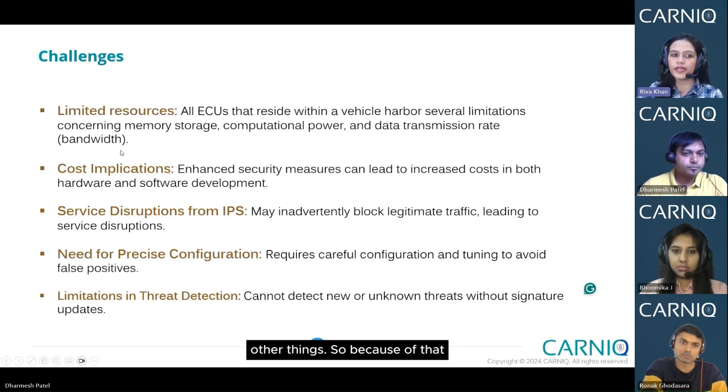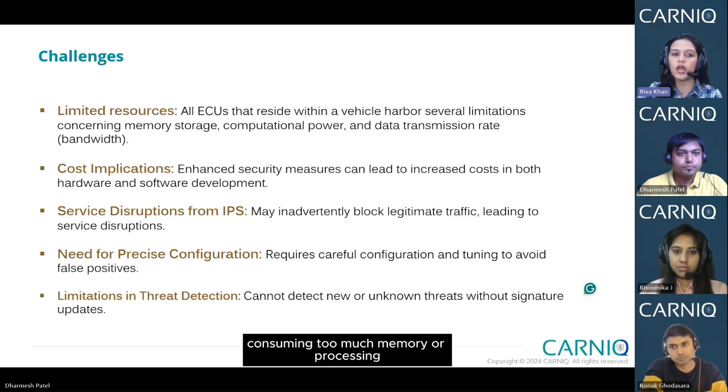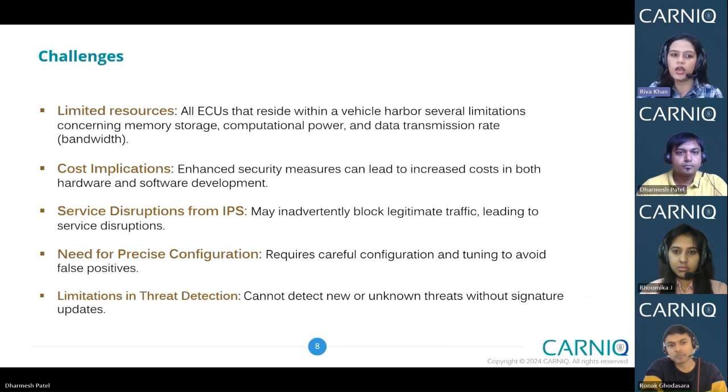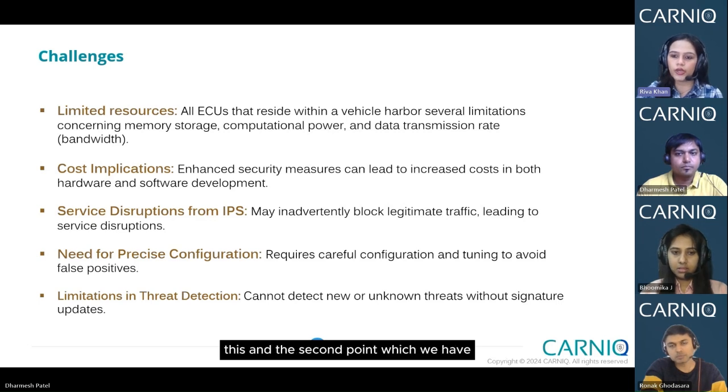Because of these restrictions, implementing this intrusion prevention system is difficult or challenging, because the IPS must function efficiently without consuming too much memory or processing power, which would otherwise impact the performance of essential vehicle systems. The second point we have seen is the cost implications.